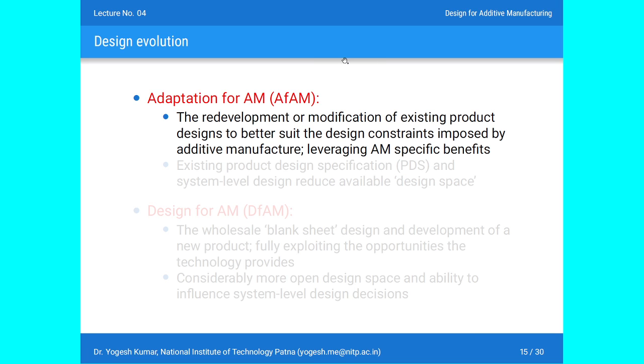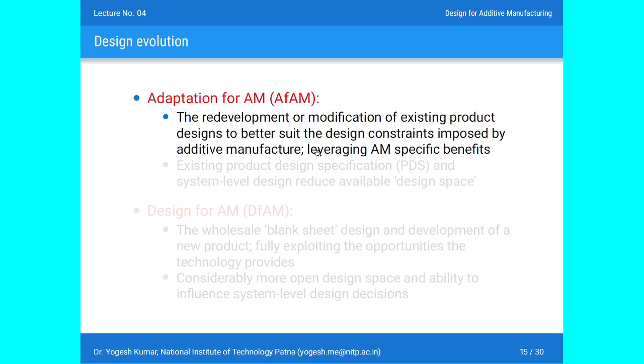There are two ways. The first step is adoption. You have a component which you are producing with existing processes, but you want to adopt additive manufacturing for producing it. So you redevelop your component, or modify the existing product design in such a way that it suits the design constraints imposed by additive manufacturing.